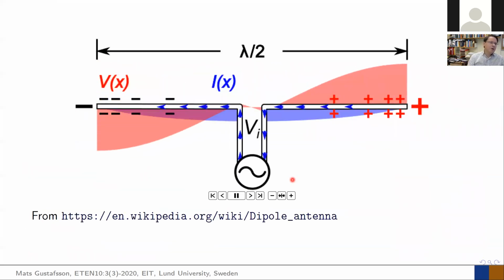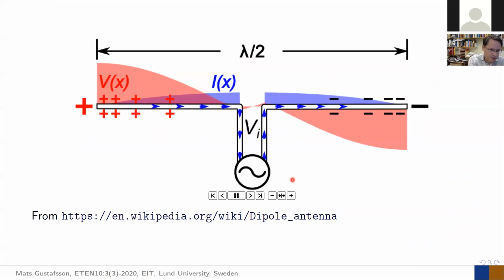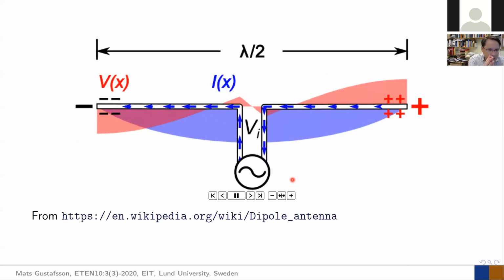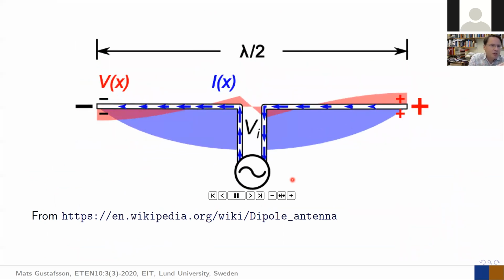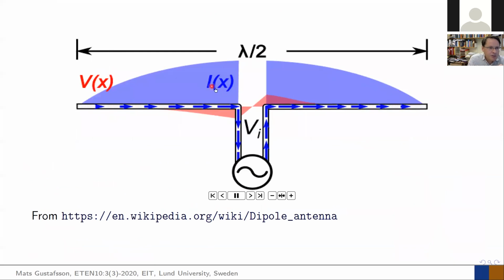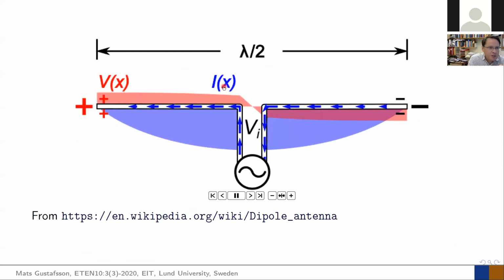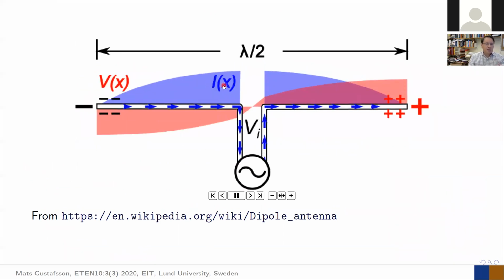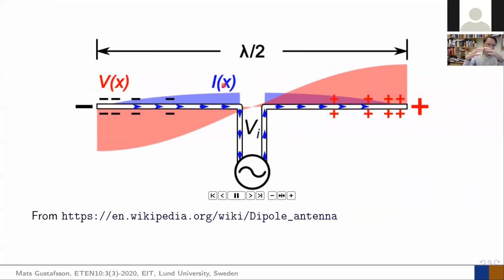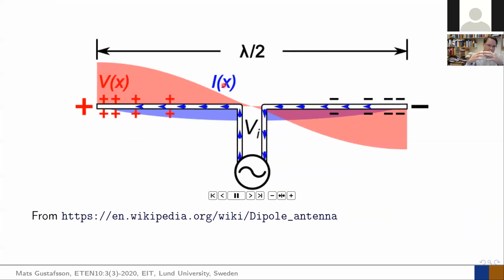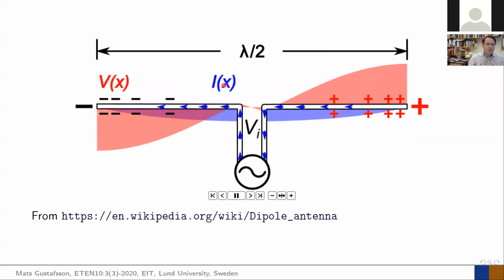Okay, so our dipole that we've been looking at. This is a picture animation from Wikipedia. And you can see the feeling of what we have done so far. That is this current I of x that you have here, which is the blue color. So something that is basically on the antenna just pumping up and down. So a lot of current, positive, and then it becomes negative, which means it goes in the opposite direction.